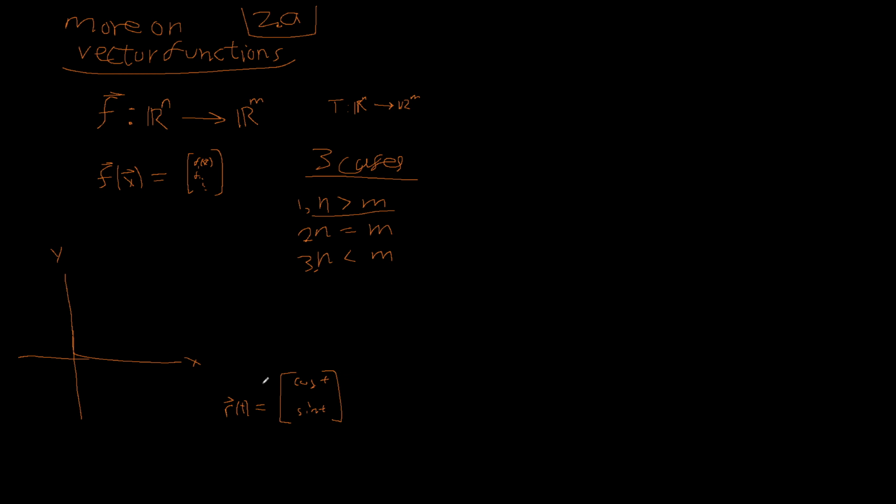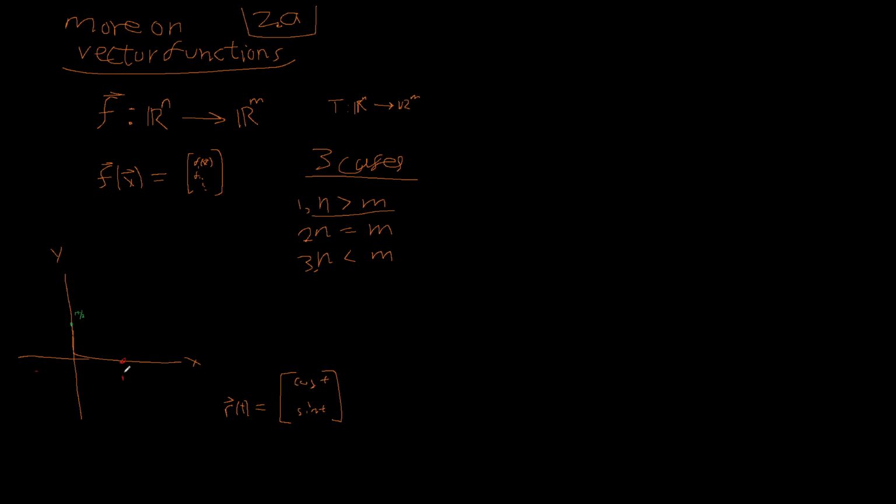Well, you should all be familiar with this. At t equals 0, this is 1. At t equals pi over 2, here we have 1.